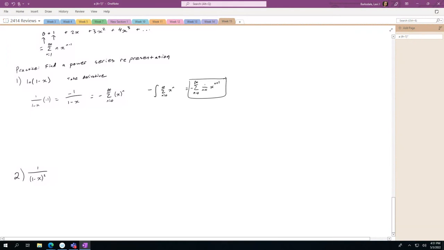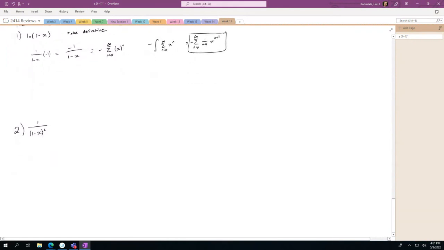our taking the derivative. For this next one, you could, of course, just multiply it out and find a power series representation that way. Alternatively, let's think about taking the integral. Well, if we take the integral of this, we can, of course, let u equal 1 minus x.